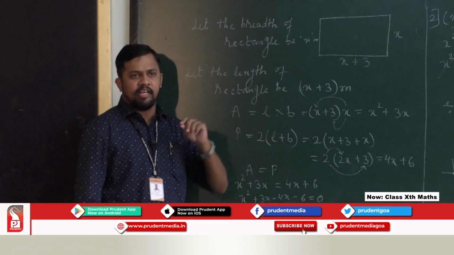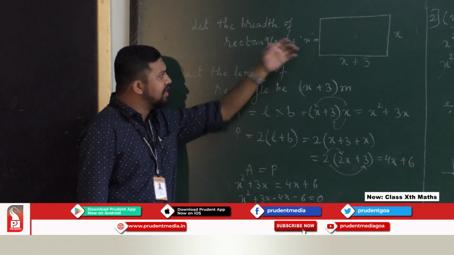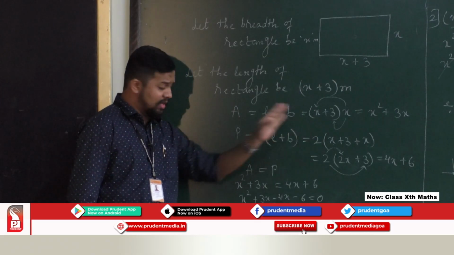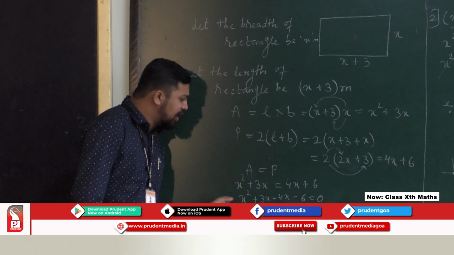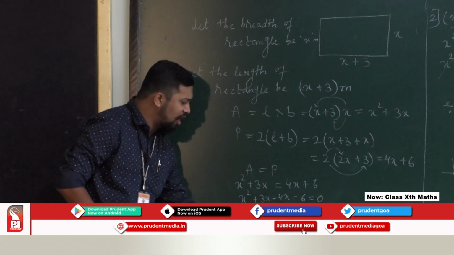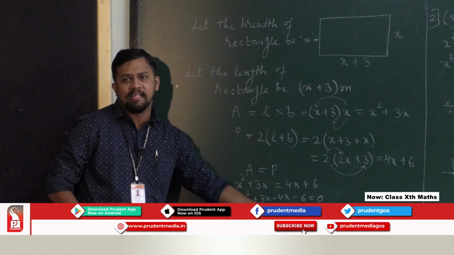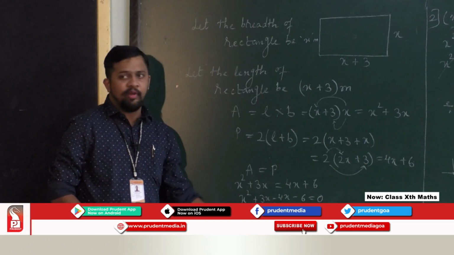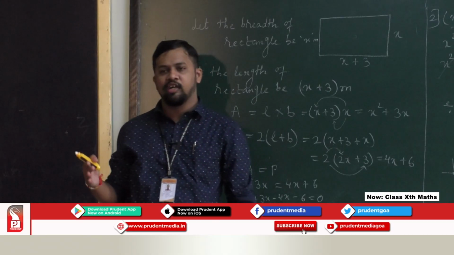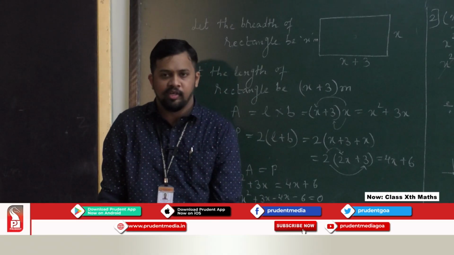My second statement is that the area of this field is equal to the perimeter. So I found the area and the perimeter separately and equated them, and I got one equation, x square minus x minus 6. Hope you are clear with this. So this is one of the applications. Like this, there are a lot of applications of quadratic equations.